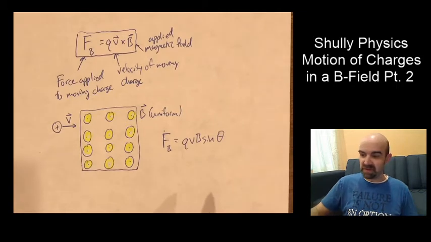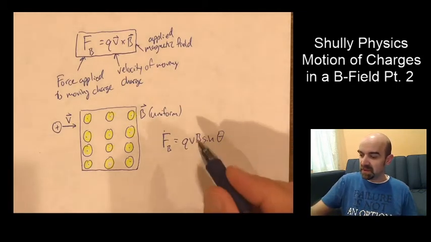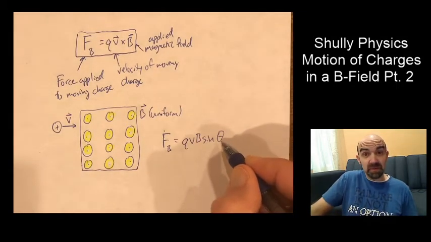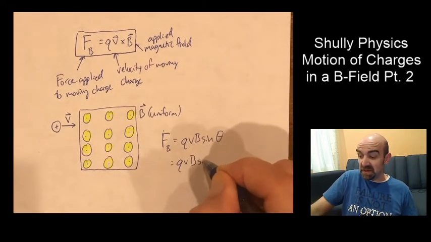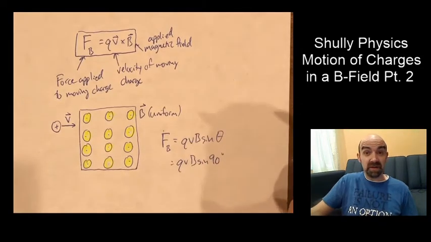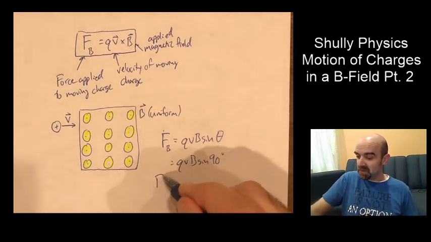That's why I'm replacing the V cross B with a VB sine theta. And because the angle between them is 90 degrees, we'd have a QVB times sine 90, and sine of 90 degrees is 1.